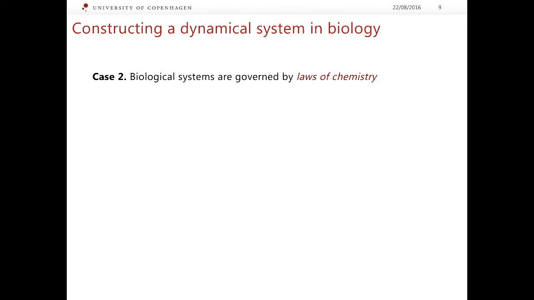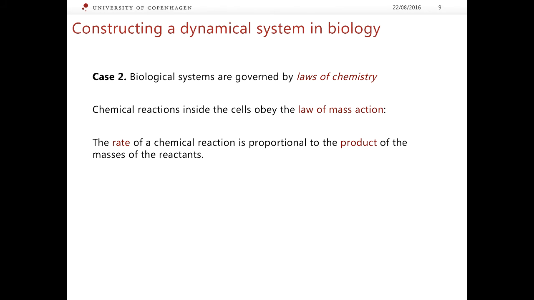The second thing to point out is that biological systems are also governed by the laws of chemistry, and in particular, inside the cells, chemical reactions occur which must obey the law of mass action. The law of mass action is one of the most fundamental laws in chemistry, and it reads as follows.